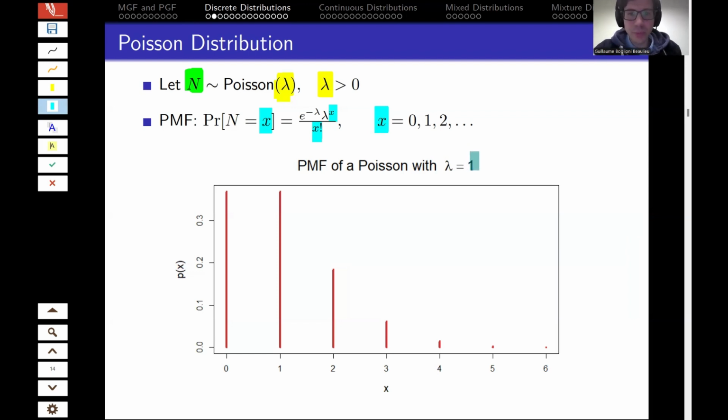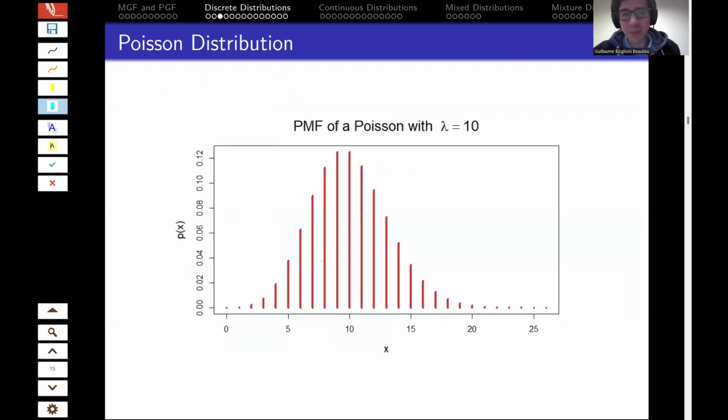Here we have the illustration for lambda equals 1. Those are the probability masses. As lambda increases, you will see that the Poisson gets a shape that is more and more symmetrical, resembling a bell curve.